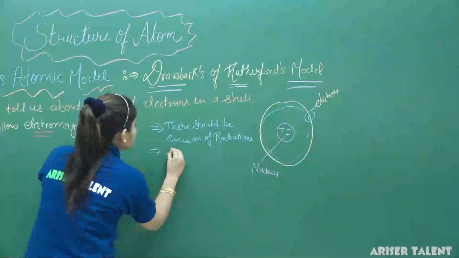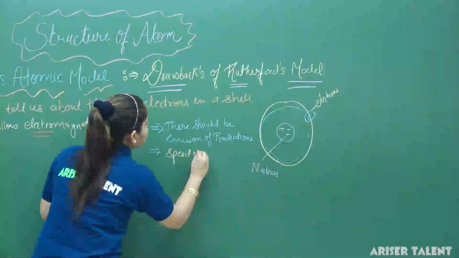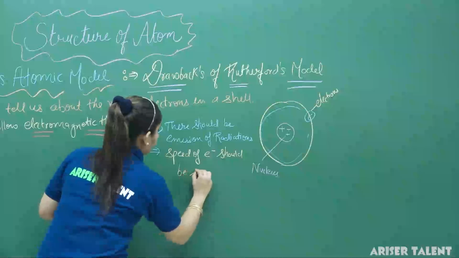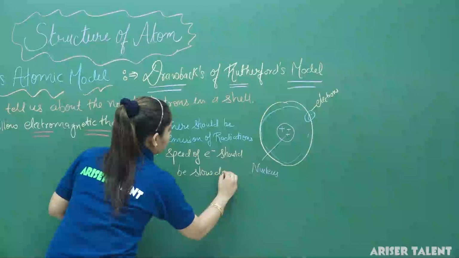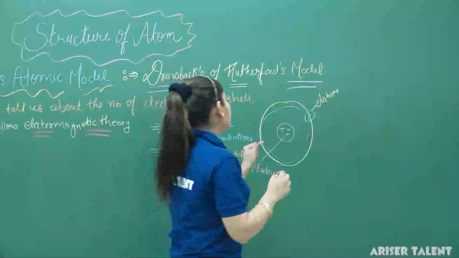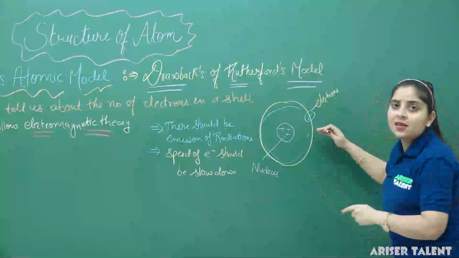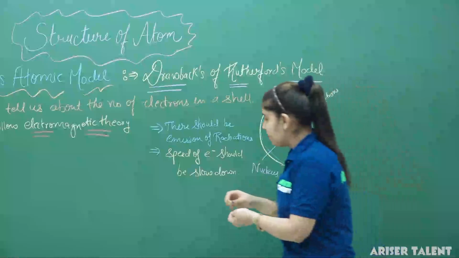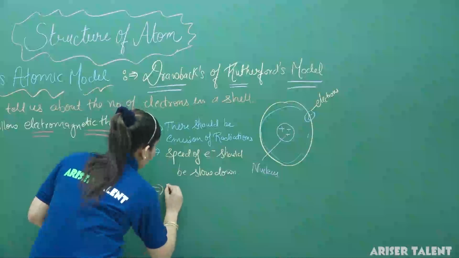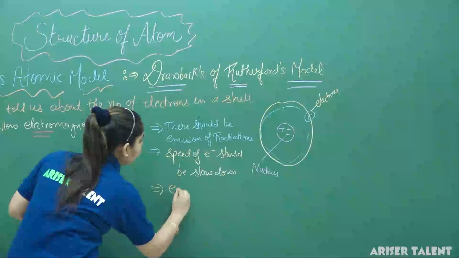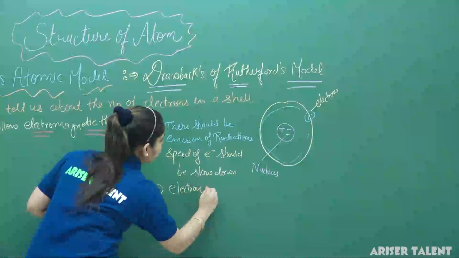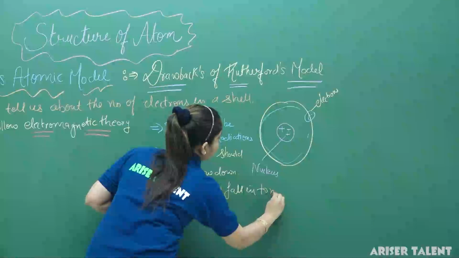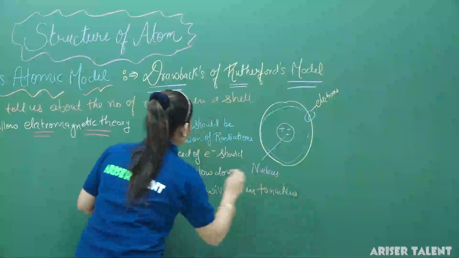So what will happen next? The speed of the electron should slow down, and after a certain period of time, the electron must fall into the nucleus.